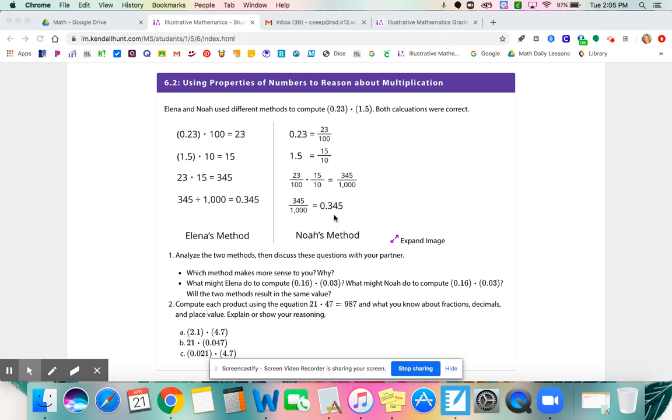And knowing decimal places, tenths, hundredths, thousandths, right here I have 345 thousandths going from a fraction format back to a decimal. Both work. One's getting rid of decimals, multiplying, and then undoing what we did with that. The other one's switching to fractions and using my multiplication of fractions.